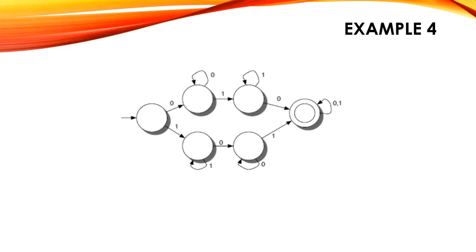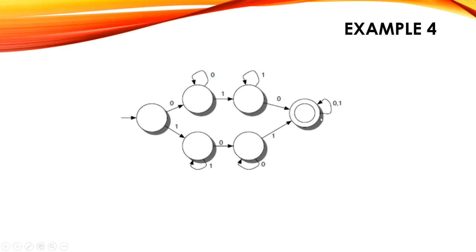So when will we have a transition? In this part, there will be a transition if we have 0 to 1. And this part, 1 to 0. This part, 1 to 0. And this part, 0 to 1.